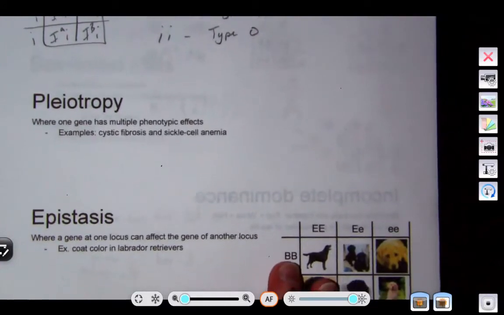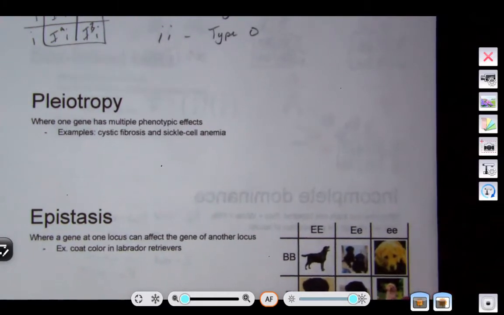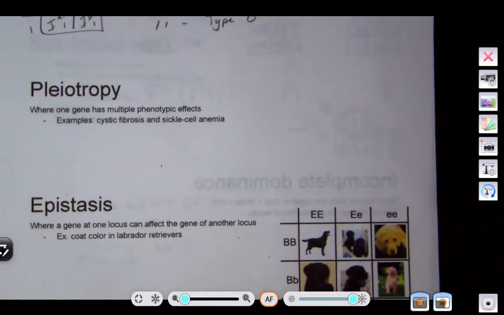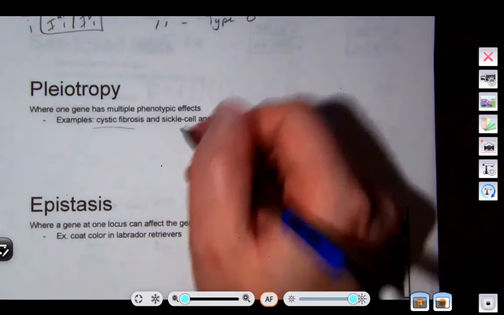Pleiotropy is where one gene has multiple phenotypic effects. Examples of this are cystic fibrosis and sickle cell anemia. The thing to remember with pleiotropy isn't so much that you need to know all of the things that it involves, but that sometimes a gene controls more than one trait in a person. In cystic fibrosis, it can cause a number of different effects, as can sickle cell anemia.